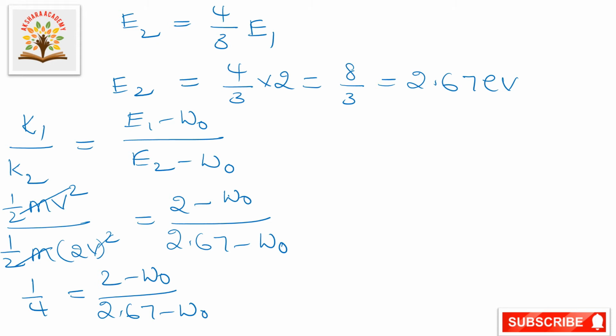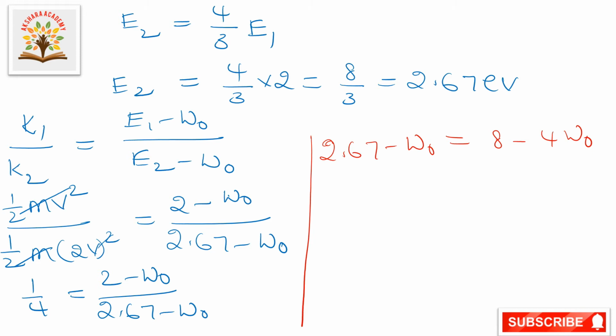Now taking cross multiplication, we get 1 into 2.67, so 2.67 minus W naught is equal to 4 2s are 8 minus 4 W naught.